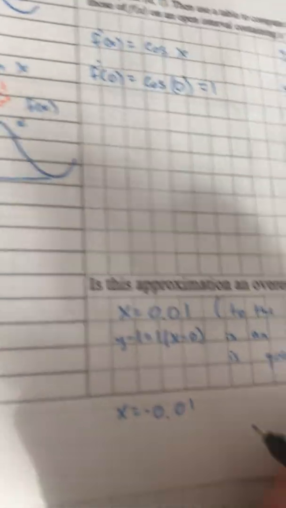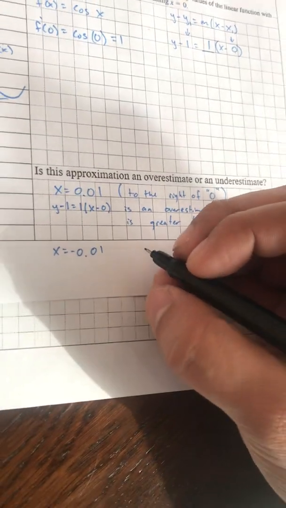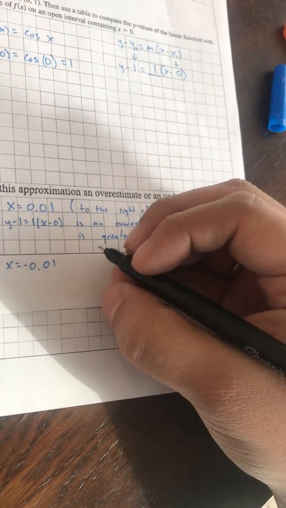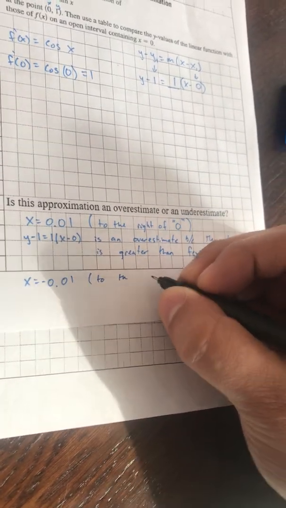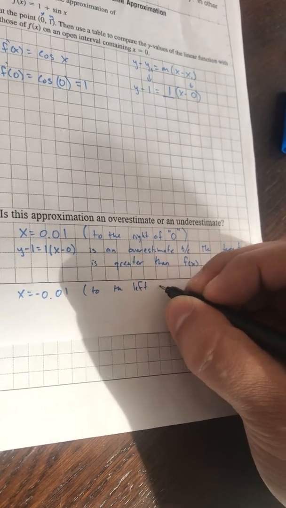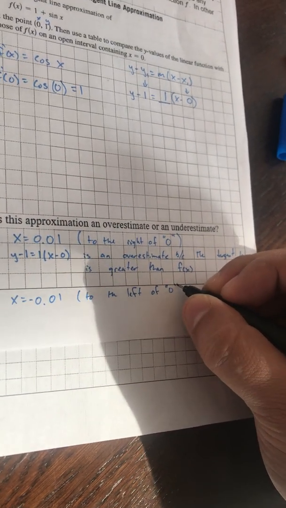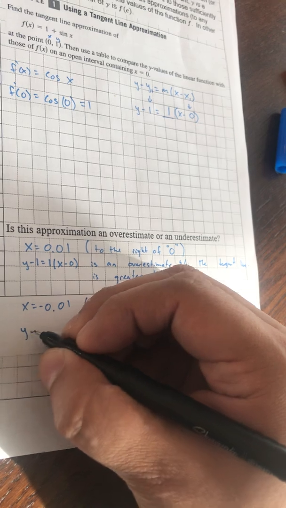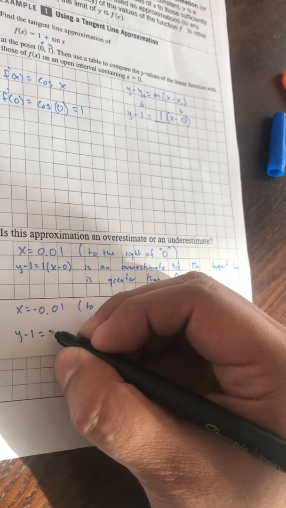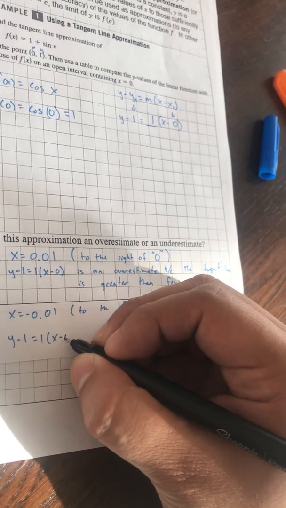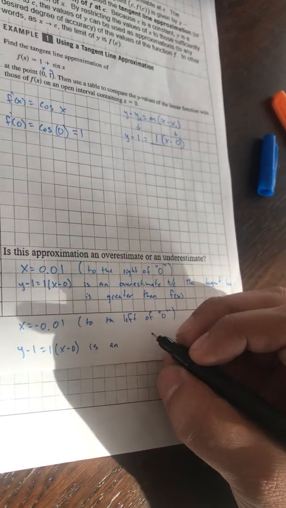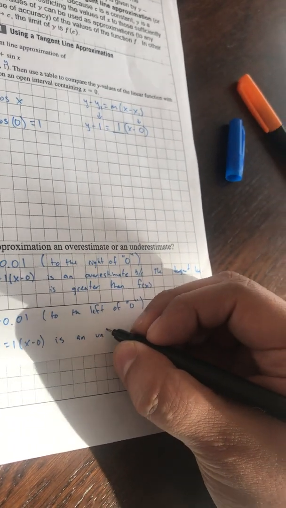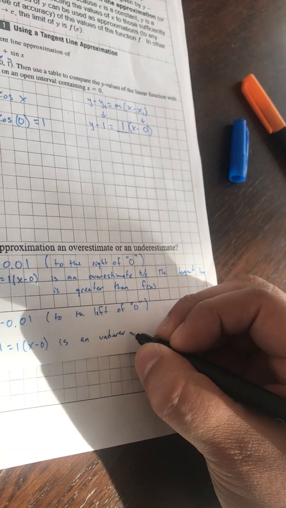So what does that mean? x is equal to negative 0.01 is to the left of 0. So what does that mean about the tangent line? The tangent line is an underestimate.